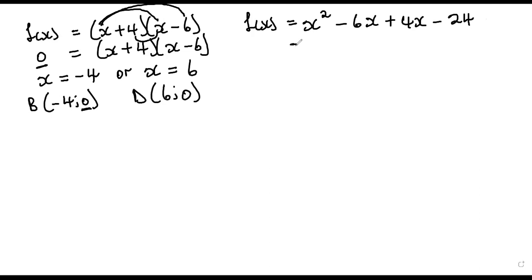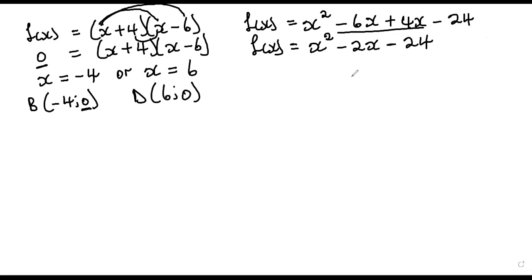Awesome. And then from this point, we say it's x squared. Then -6 plus 4, it's just going to be -2x. Then we say -24. So this is our function in expanded form. Fine. Now here you have 2 options, in fact 3 options when finding the x-coordinate of the turning point.